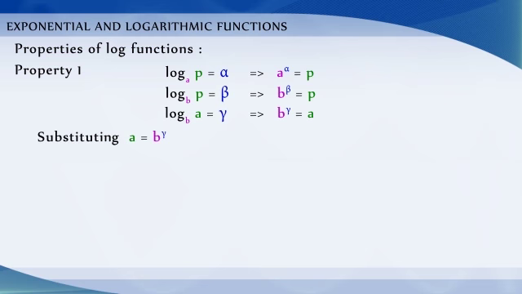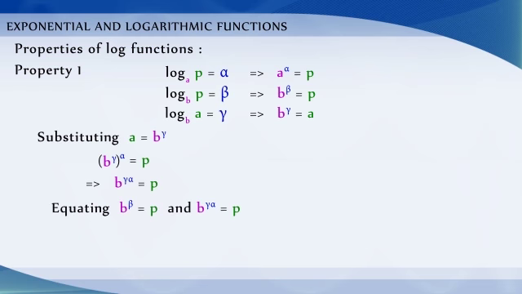Now, substituting a is equal to b to the power gamma in a to the power alpha is equal to p, we get b to the power gamma, the whole power alpha, is equal to p. That is, b raised to the power of gamma into alpha is equal to p.